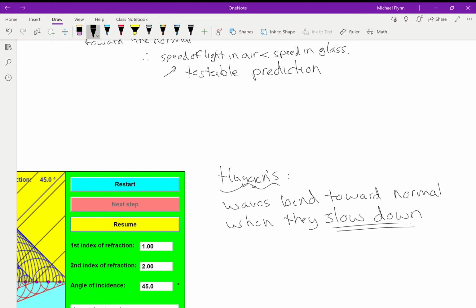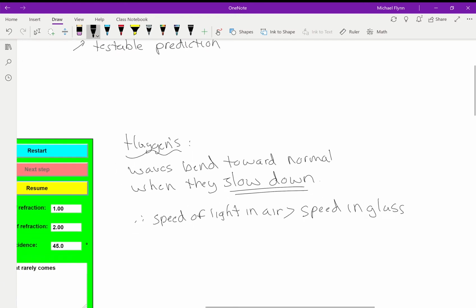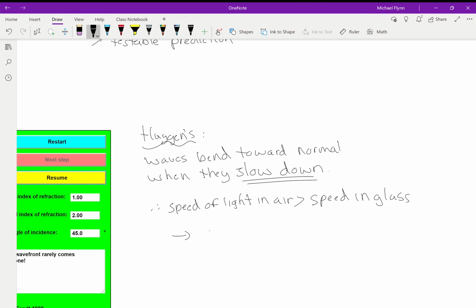And therefore, the speed of light in air would have to be greater than the speed in glass. And this is the opposite, and I'm going to write it in capital letters, OPPOSITE prediction to Newton's theory.